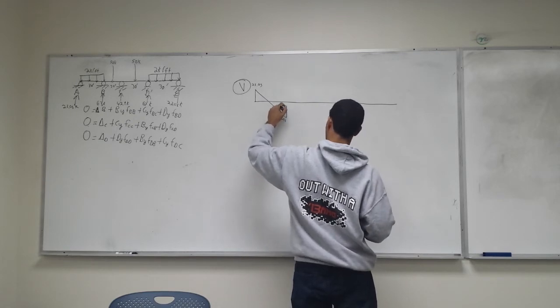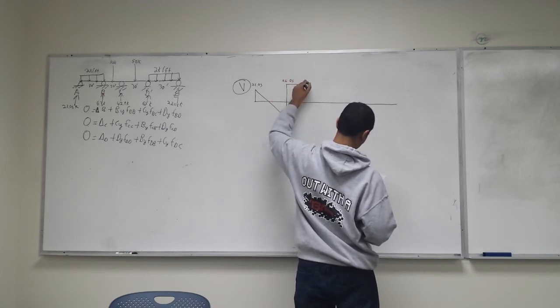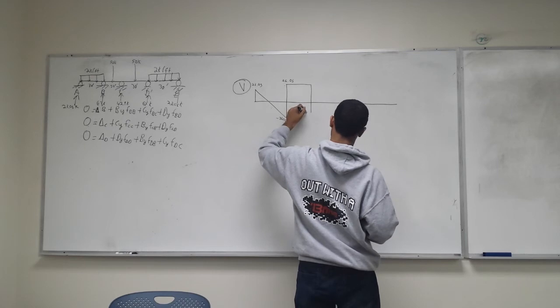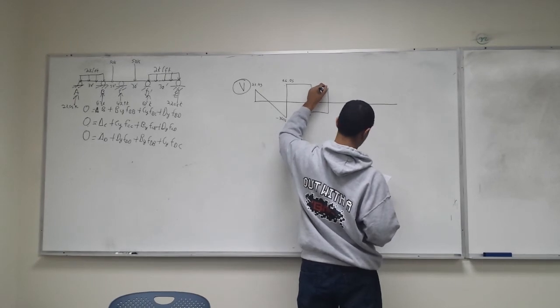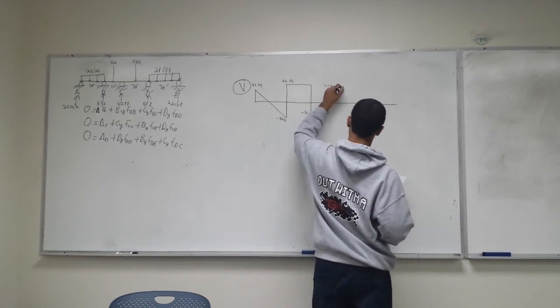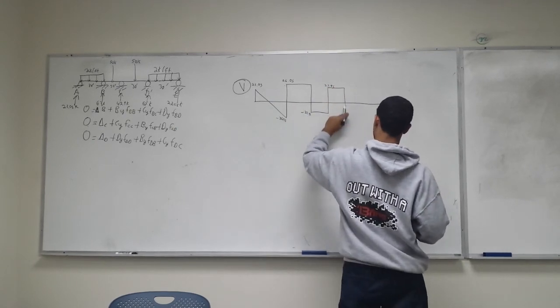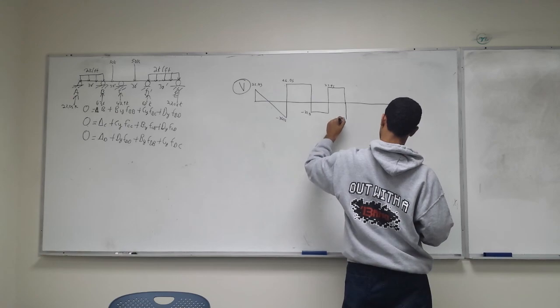Then it's going to bring it back up to 26.05. Then it's going to be constant. Then it's going to bring it down to negative 23.95. It's going to be constant. It's going to bring it back to 23.95. Then it's going to be constant. It's going to bring it down to negative 26.05.